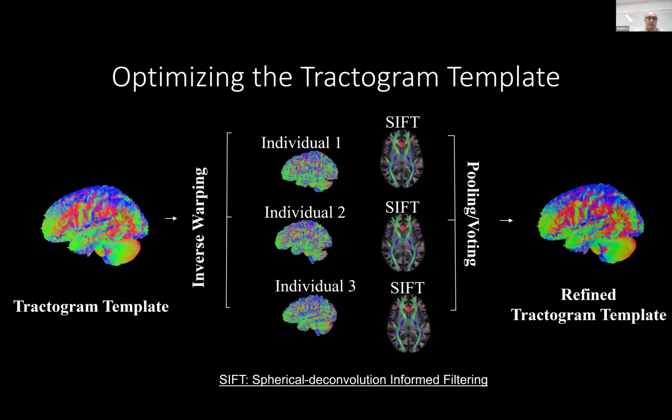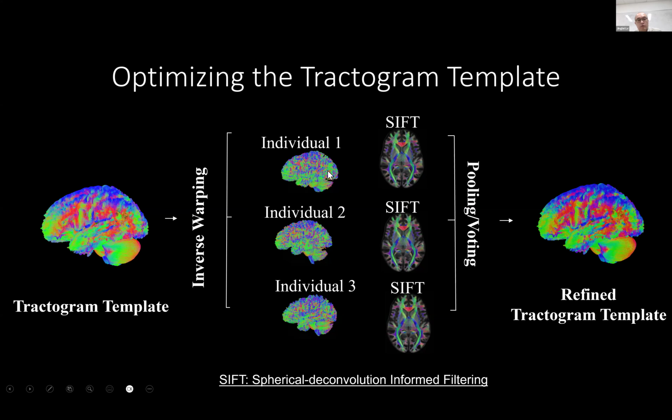There's a concern that averaging the FOD across subjects may cause some spurious fiber tracking in the tractogram template. So we proposed a filtering strategy to optimize the tractogram template. Here, the idea is that we inverse warp the tractogram template into the individual space, and then we use the individual fiber orientation distribution to filter the template.